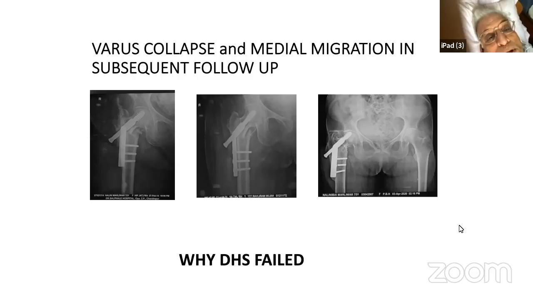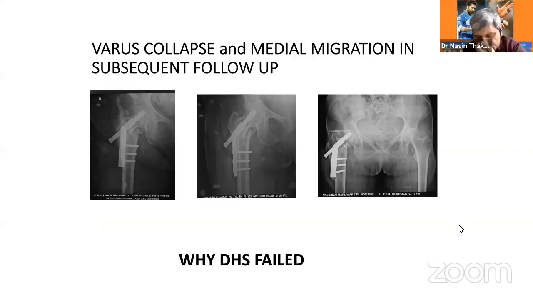And then as a precaution, every time I do a DHS for this, I put in a tension band onto the trochanter. Sir, it is not the question of how cautiously you execute the surgery. If the wall thickness is less than 20.5 millimeters, it will break when the patient starts weight bearing. So you are trying to take care of that by putting a prophylactic wire.